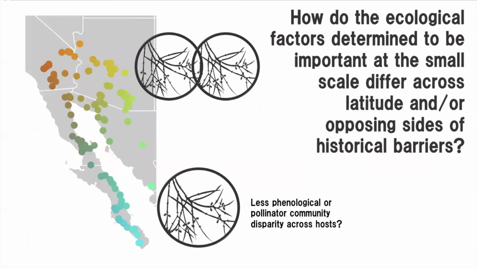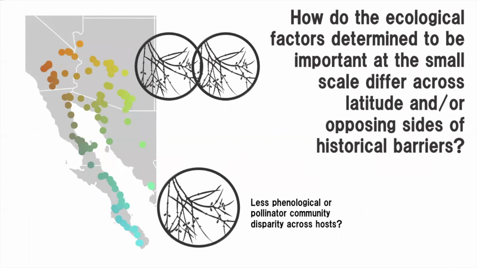In the future, what I am really looking forward to doing is understanding how the ecological factors that we've determined to be important at the small scale differ across latitude and on opposite sides of historical barriers.